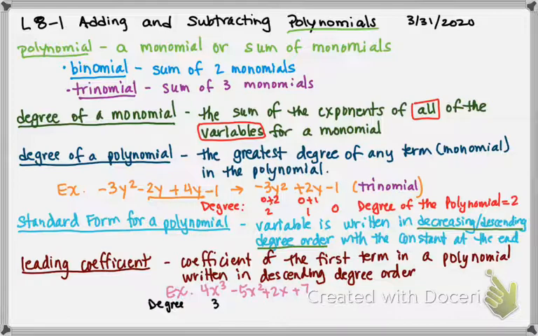So this one is a 3, this one is a 2, this one is a 1, and this one is a 0. So I'm looking for the leading coefficient, the one that matches the largest degree, the largest exponent. So that would mean that the leading coefficient goes with the x cubed, which has the highest degree. So the leading coefficient would be the coefficient 4.